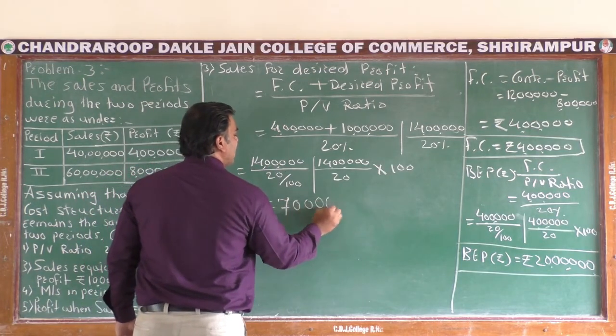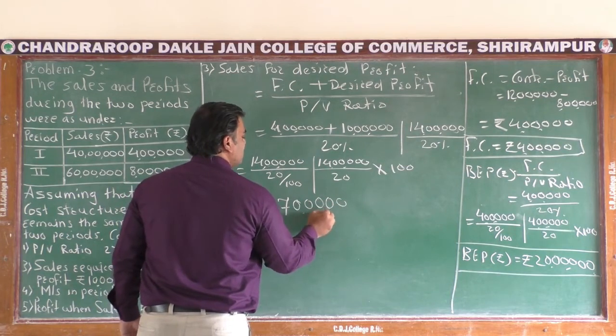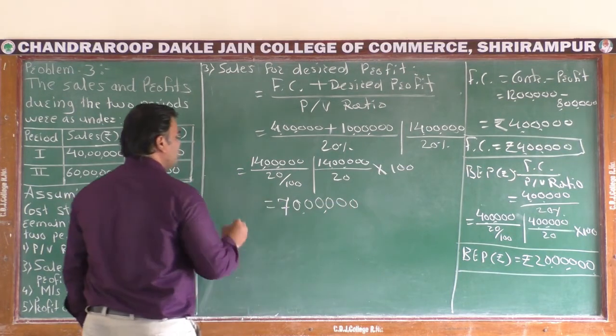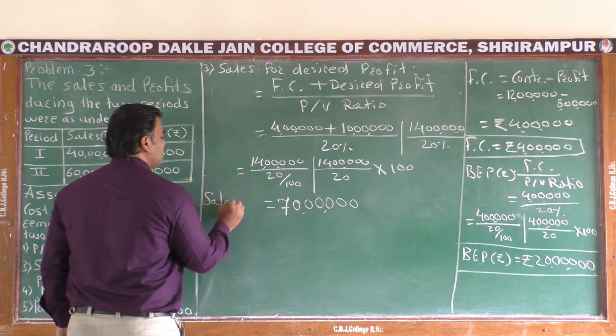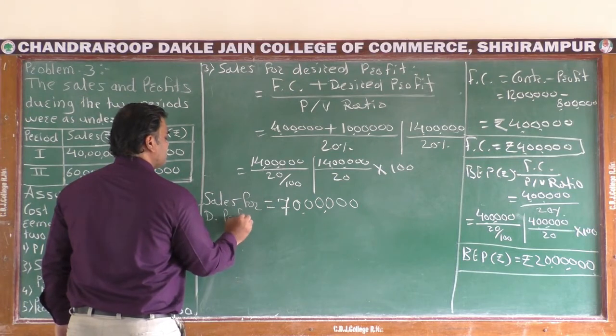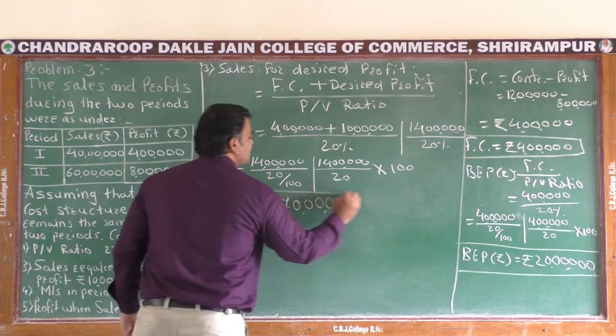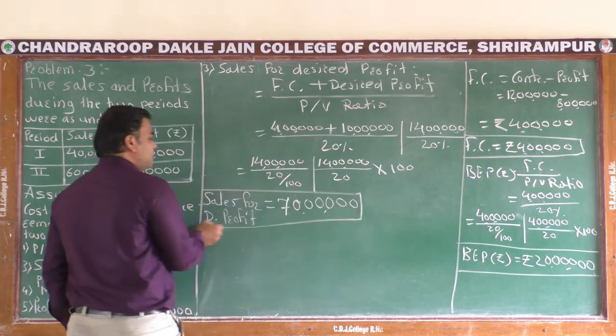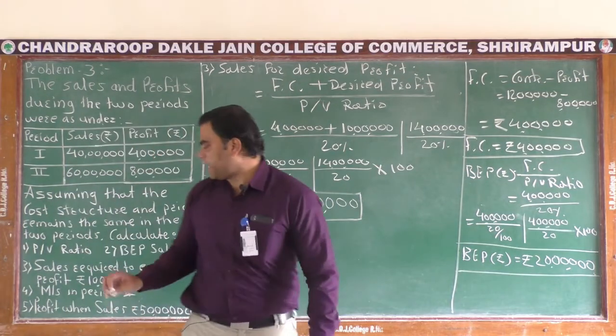So 70 lakh is the amount of sales for desired profit. Means how much sales company will have to generate to earn profit rupees 10 lakh.